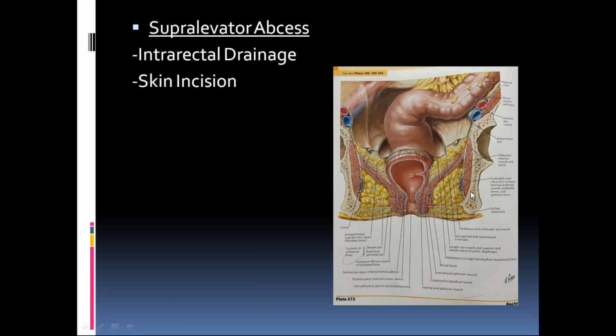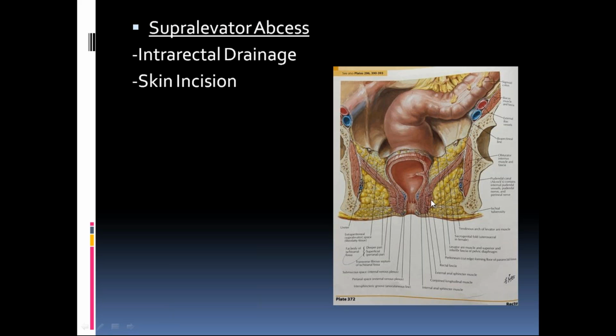Another method is the ischiorectal approach. You give a cruciate incision, put a finger inside and break through, or put a sinus forceps directly through the levator ani and open it. After opening, the pus will come from the supralevator region to the ischiorectal region, and you clear the pus there.